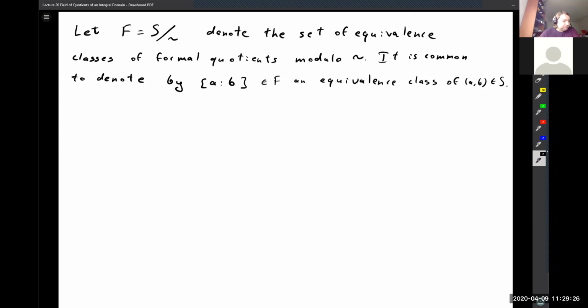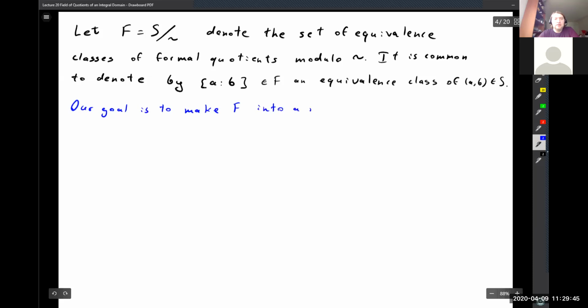Okay, so now our goal is to make F into a ring. So for this end, we need to define binary operations on equivalence classes, and that's precisely our lemma/definition 2.